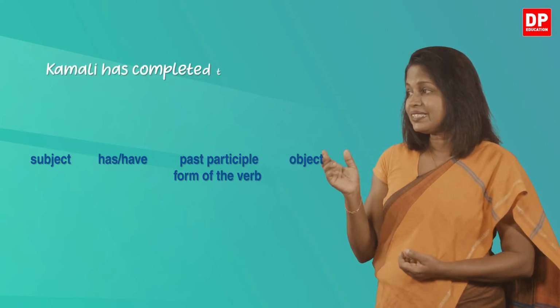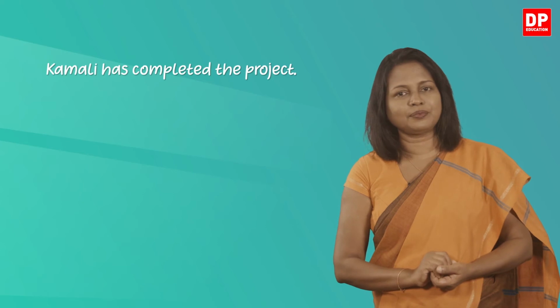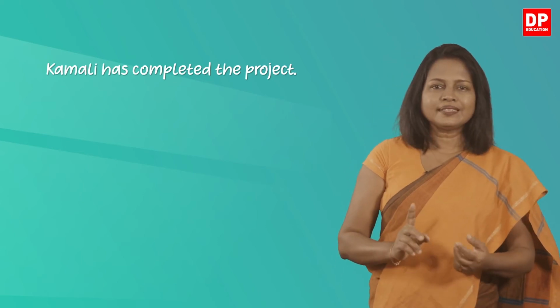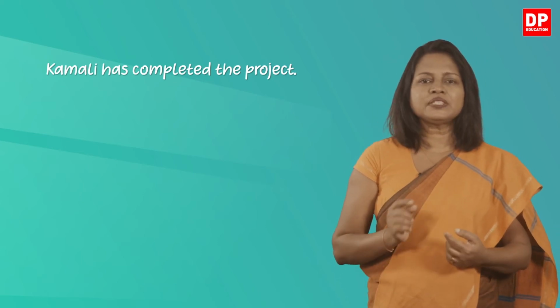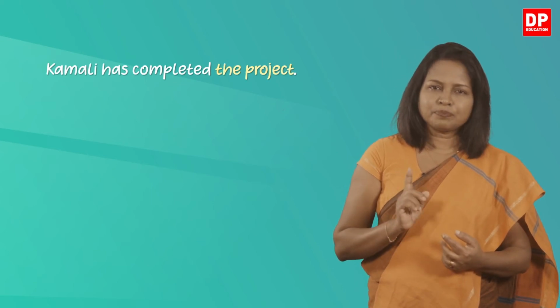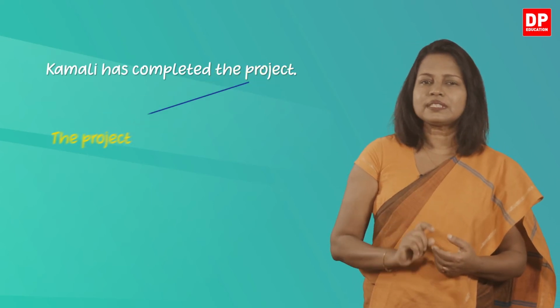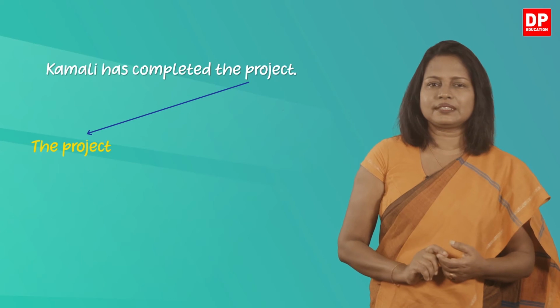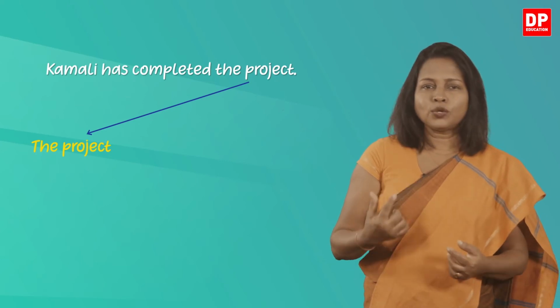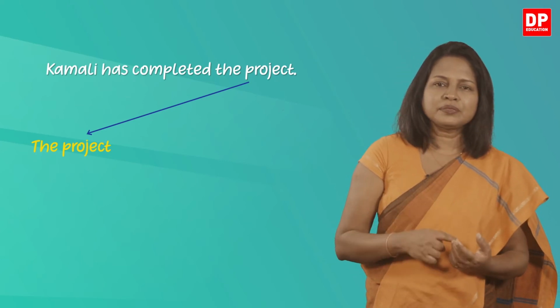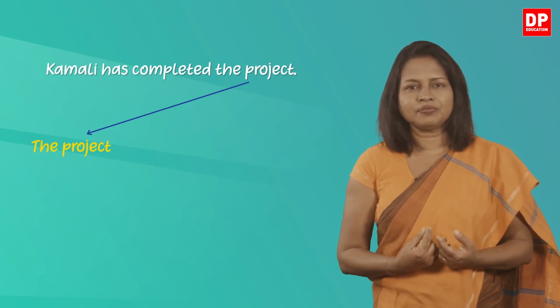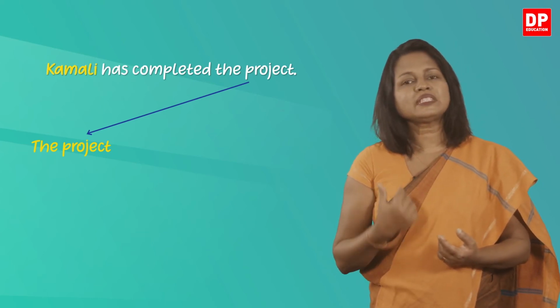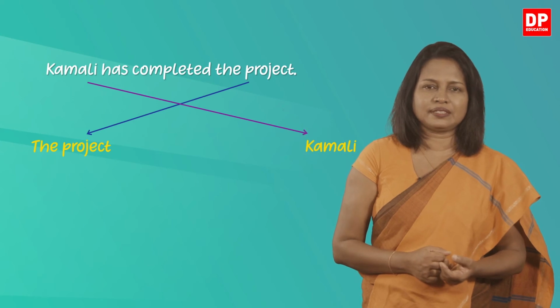Let's see how this sentence is written in passive voice. Here, the object of the active voice sentence, the project, becomes the subject of the passive voice sentence. Along with that, the subject of the active voice sentence, which is Kamali, becomes the agent in the passive sentence.